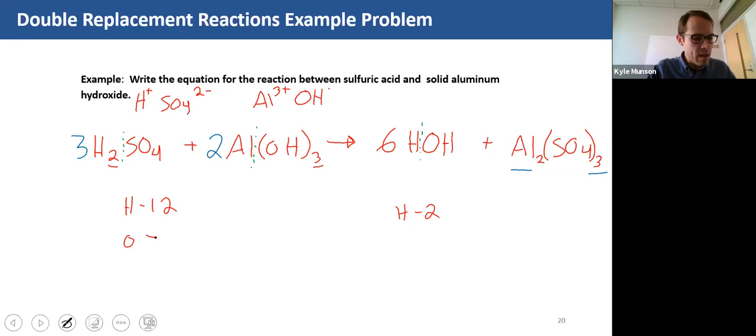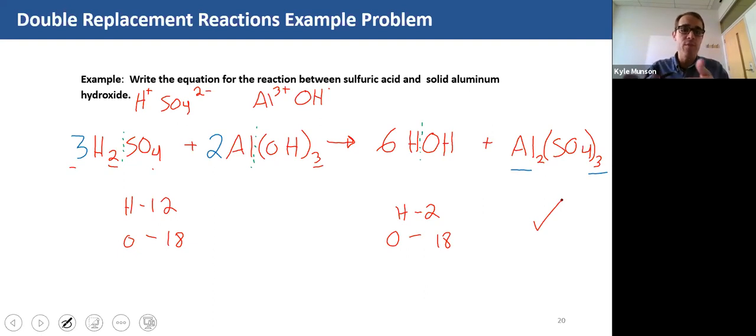Let me get out a calculator. So I have 3 times 4, so 12 oxygens here, plus 6, I have 18. Okay, and over here I have 3 times 4 plus 6, 18. Yep. So this equation is balanced.